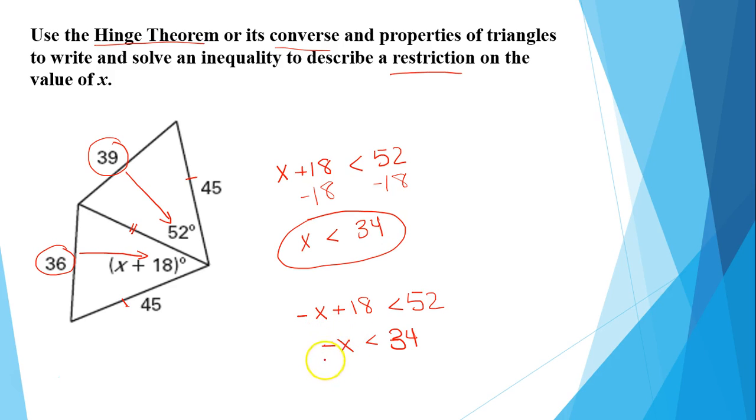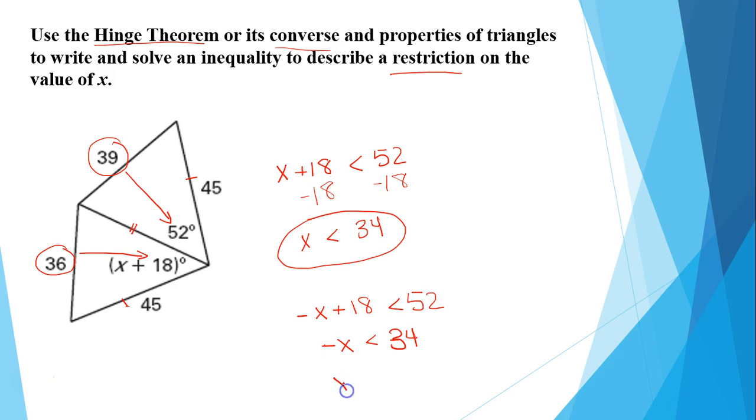So what I wanted to show you here is whenever you multiply or divide by a negative value, which we are about to do in this case, it switches the direction of the inequality. So to get rid of this negative value on our x, we're going to divide both sides by -1.